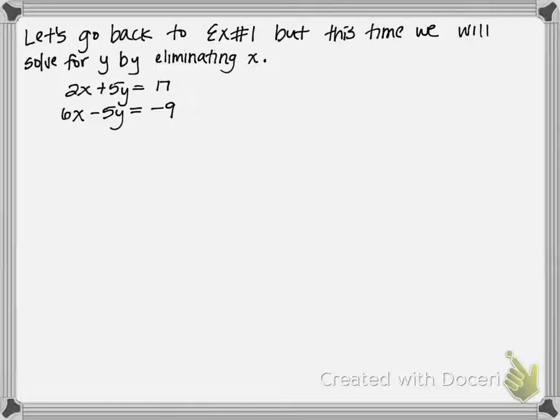Well, 2x and 6x. I know that if I can multiply 2 by 3, then I'd get 6. But they'd both be positive 6, and I want one to be negative. So I'm going to multiply that entire line by negative 3.